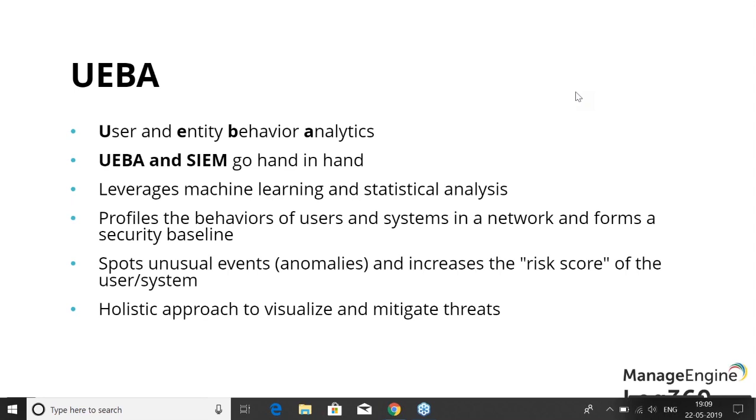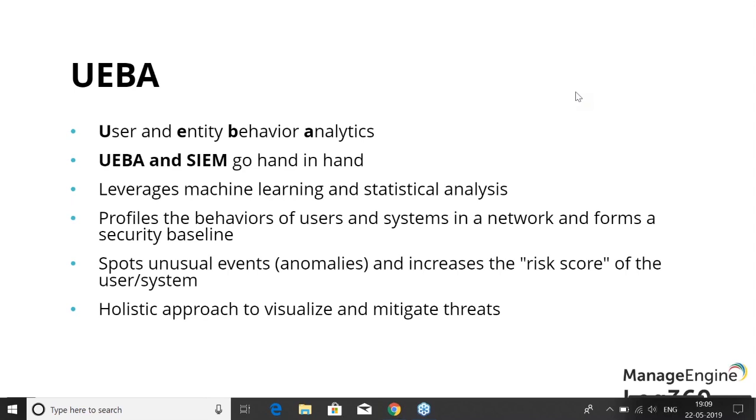So UEBA basically has what we call a training period. If any of you are familiar with how machine learning works, there's a training period during which the UEBA module is able to profile the network and identify what typically happens on a given day. So maybe this many log-on events happen.